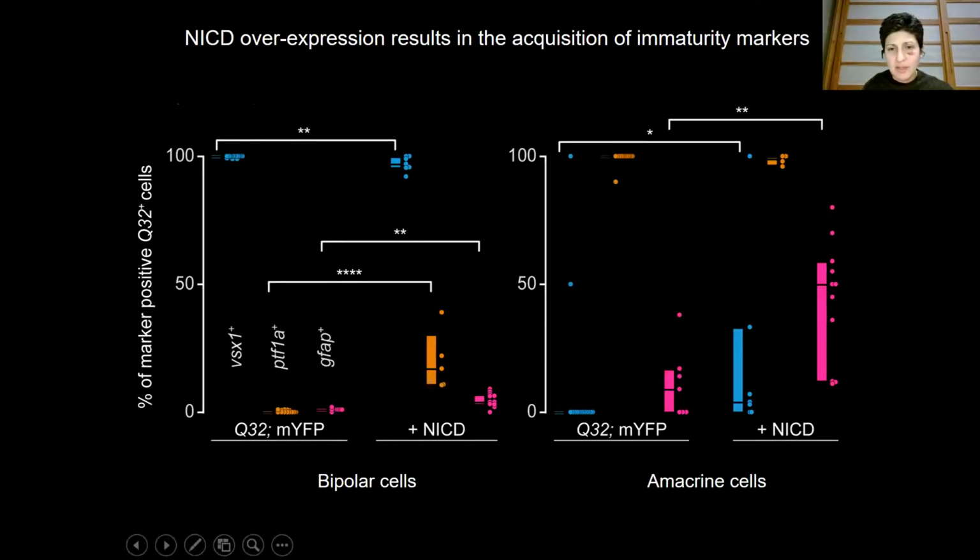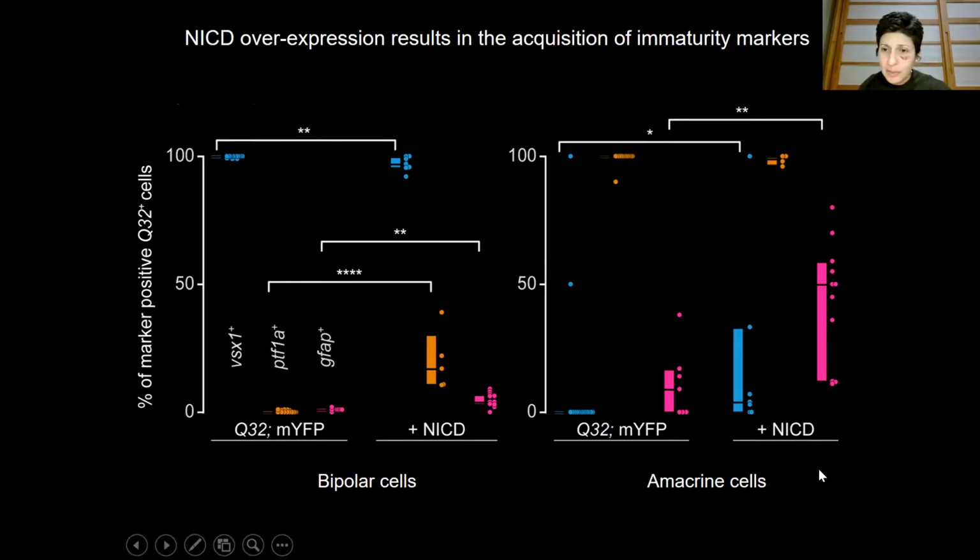So we did, of course, look at marker expression in these Q32 cells. And I know this is a busy graph, but I'll point out 2 things. First, when we looked at bipolar cells or amacrine cells in the wild type situation or following NICD overexpression, what we started to see, as I just mentioned, was the expression of PTF1A, this amacrine cell marker, in bipolar cells, and the fact that cells, specifically amacrine cells, were now starting to express GFAP.